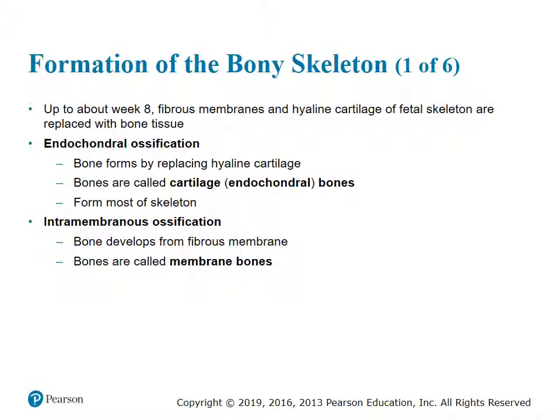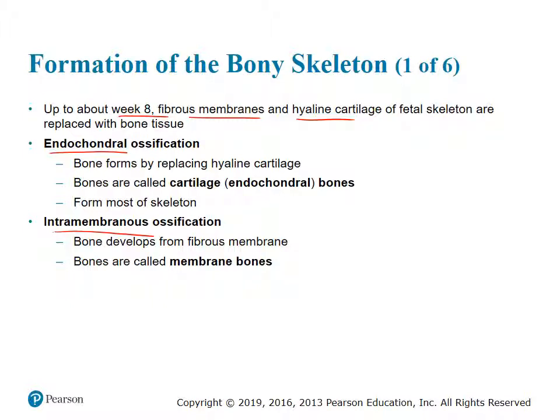Going back to week 8, we see fibrous cartilage and hyaline cartilage in the fetal skeleton first form, as I mentioned, and then it gets replaced with bone tissue. We have 2 types of ossification, or bone development: endochondral ossification and intramembranous ossification.